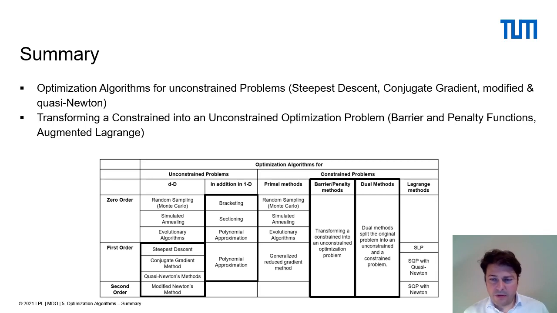The numerical problems that you encounter doing that can be alleviated by using a so-called augmented Lagrange method, which pertains to the class of dual methods. And here you use a combination of a Lagrangian function and a penalty term.